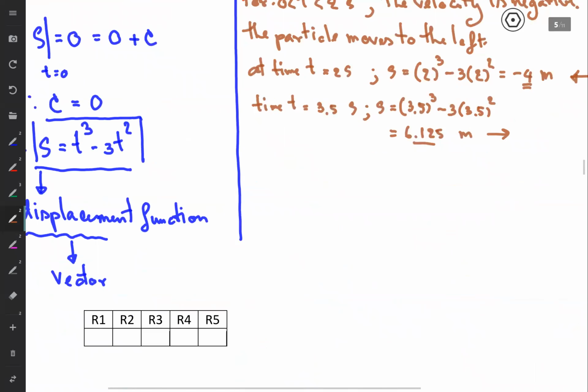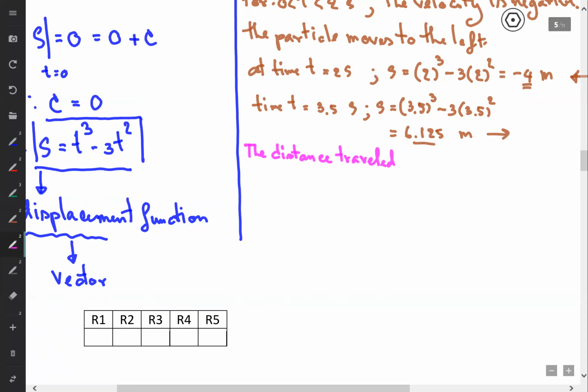According to this, if we would like to find the distance in 3.5 seconds, I use the notation S_T, meaning total.